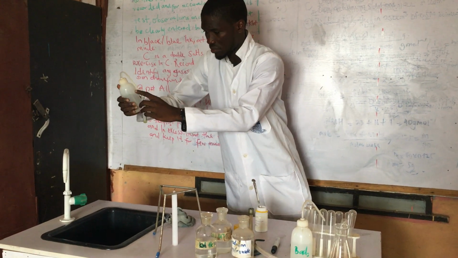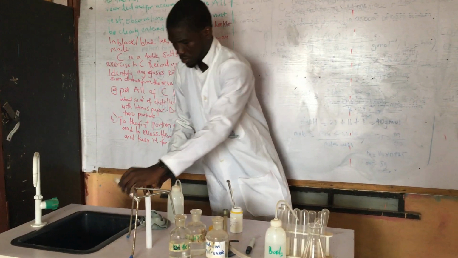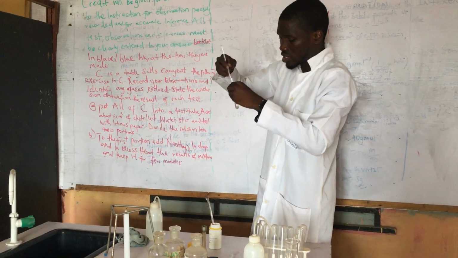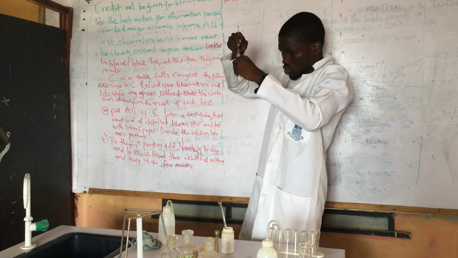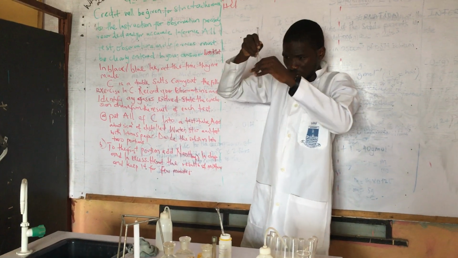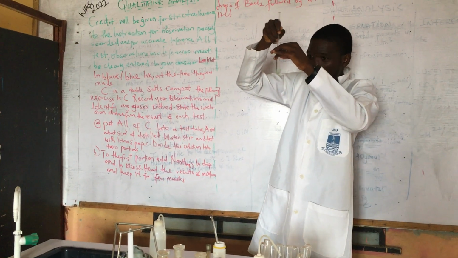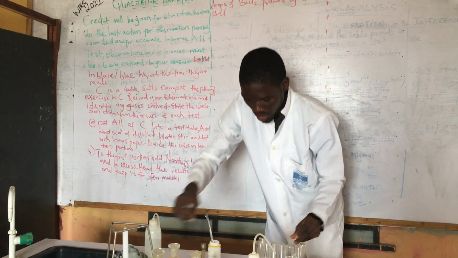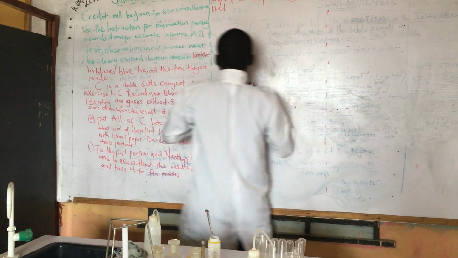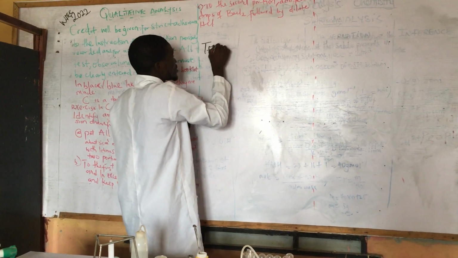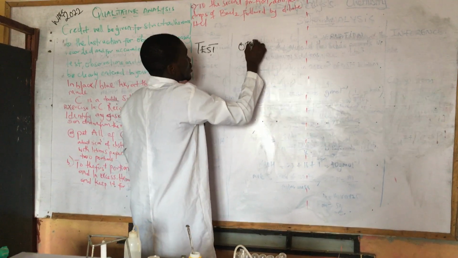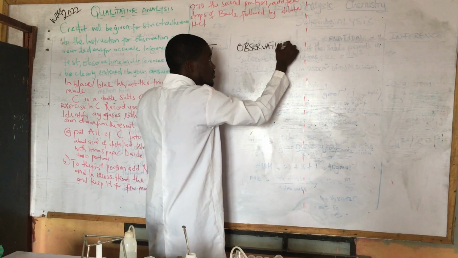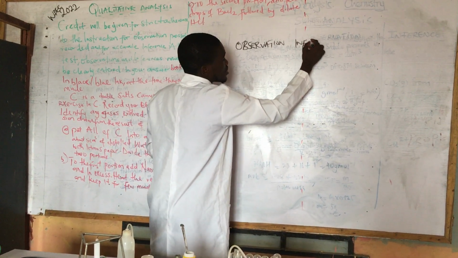Distilled water, 5 ml. Pour a little water away from here. When you pour the distilled water into this, you have to take note of one thing. So now let's have our table. We have the tests, the observation, and the inference.